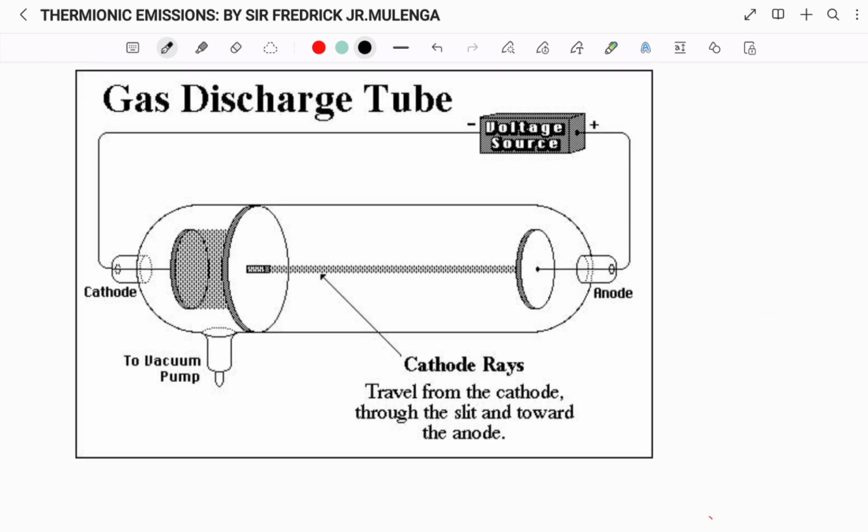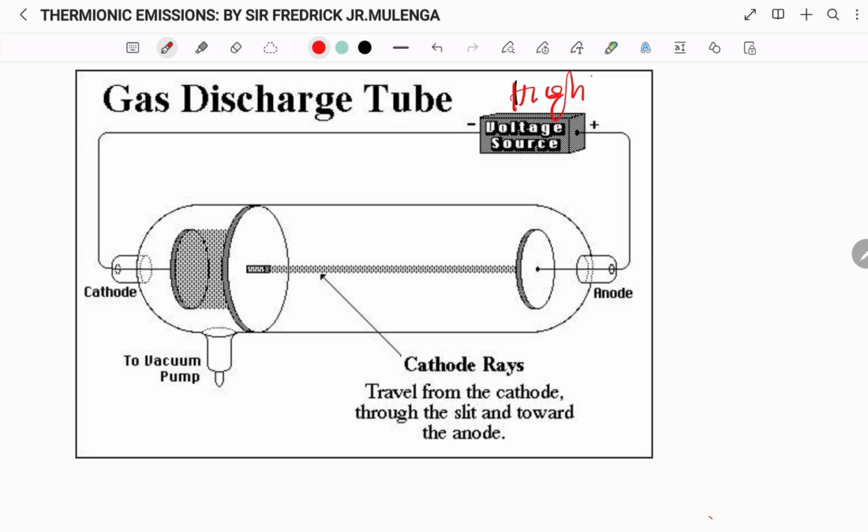So we should have a high voltage source, like we can see there. Then we connect the positive terminal to the anode, and the negative terminal to the cathode electrodes.